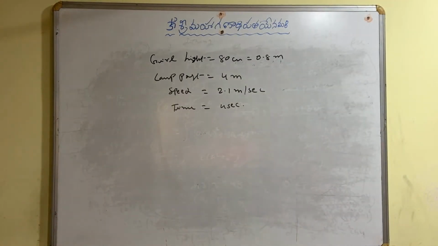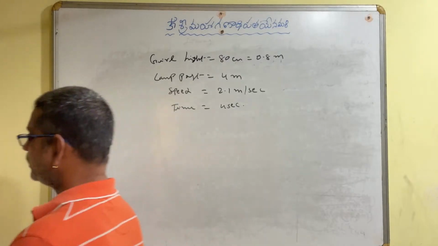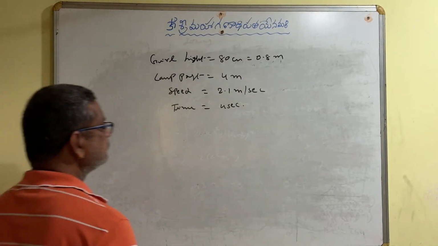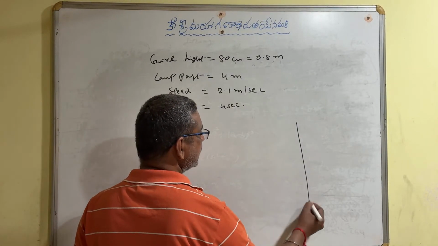Now children, read the 32nd question. A girl of height 80 centimeters is walking away from the base of a lamp post at a speed of 2.1 meters per second. If the lamp post is 4 meters above the ground, find the length of her shadow after 4 seconds. Try to understand the question here.